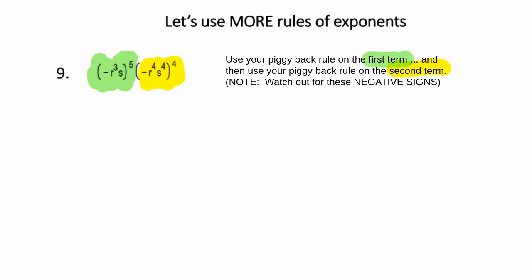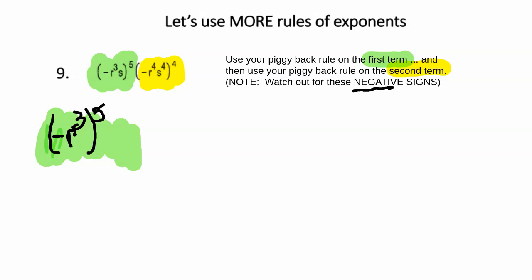Now, you gotta be careful. Now we're going to do the green over here, right here. This is why I'm saying watch out for the negative signs. Inside the parentheses, I have a negative r cubed with a 5 on the outside. I have s to the first power to the 5.